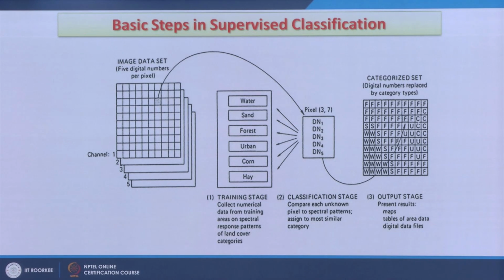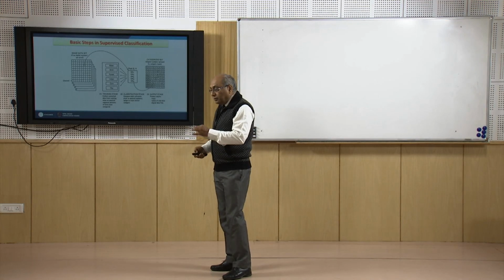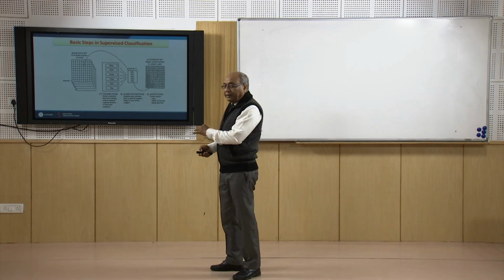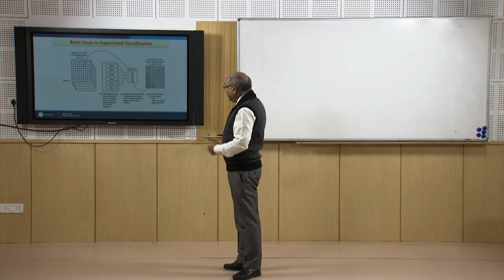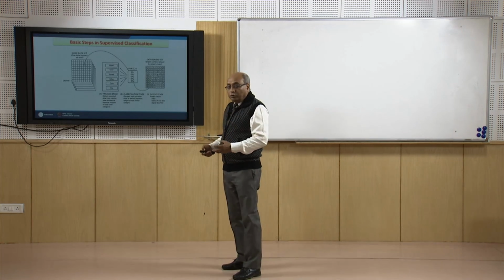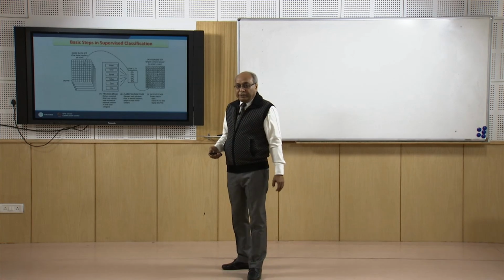So I will select from there, collect the training area, and then depending on the spectral response patterns of land cover categories. And then the second stage is the classification stage: compare each unknown pixel to spectral patterns assigned to the most similar categories. So wherever the computer finds similar spectral characteristics, that area will get labeled forest and so on. Better the training we give to the system, better the classification we can achieve.